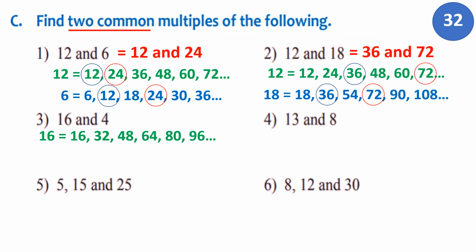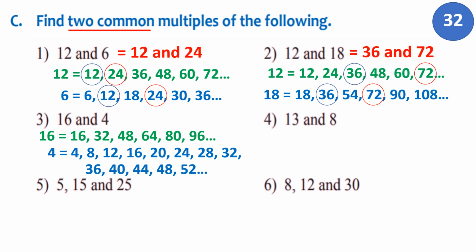And for 4, you have 4, times 2 is 8, times 3 is 12, times 4 is 16, times 5 is 20, times 6 is 24, times 7 is 28, times 8 is 32, 36, 40, 44, 48, 52, and many. But you can find only two common multiples.